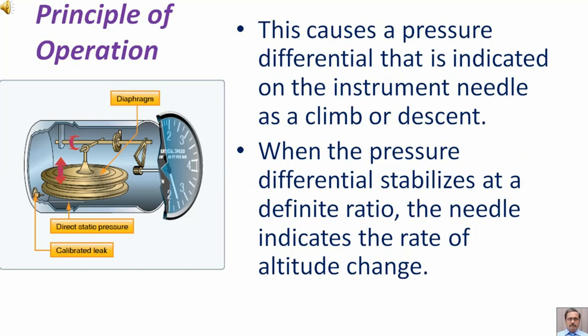This causes a pressure differential that is indicated on the instrument needle as a climb or descent. When the pressure differential stabilizes at a definite ratio, the needle indicates the rate of altitude change.